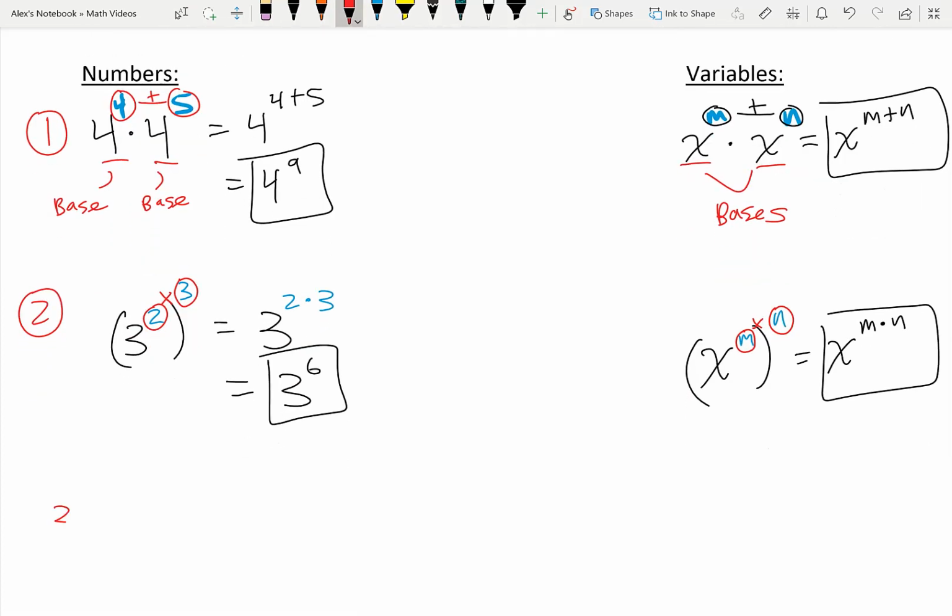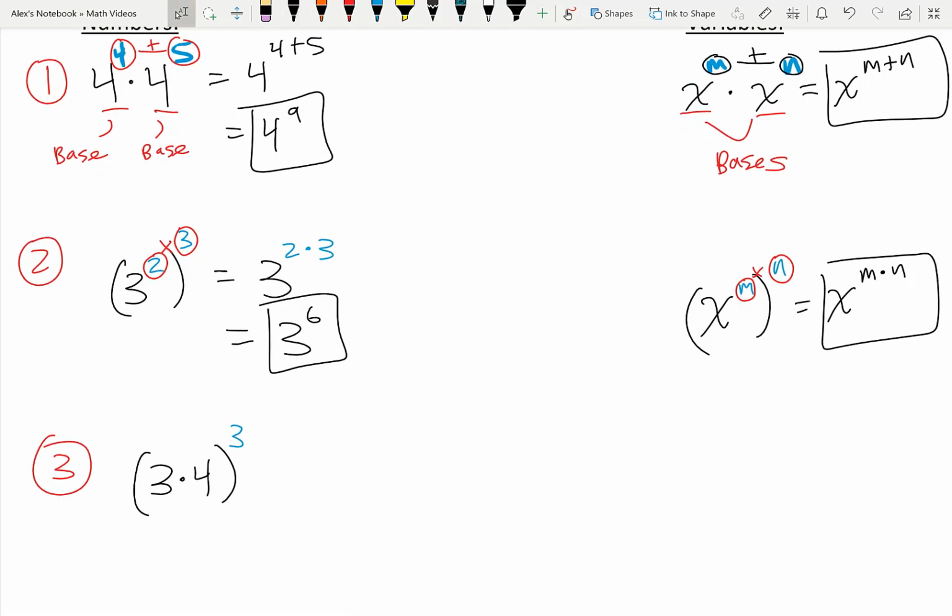And then scenario number 3. Let's say we have something that looks just a little bit different. Let's say we have 3 times 4 all to the power of 3. And again, sorry, my exponents are going to be blue in this case. Now, what do we do when we have something like this? You have two things now inside the parentheses, so this exponent applies to two things.